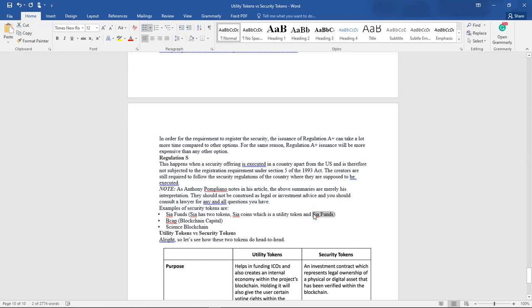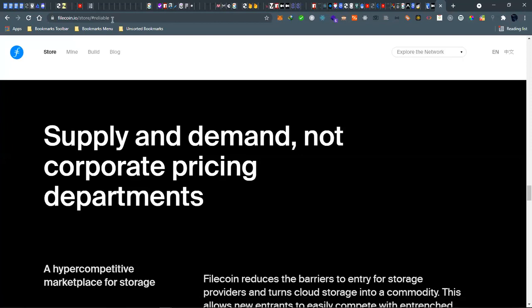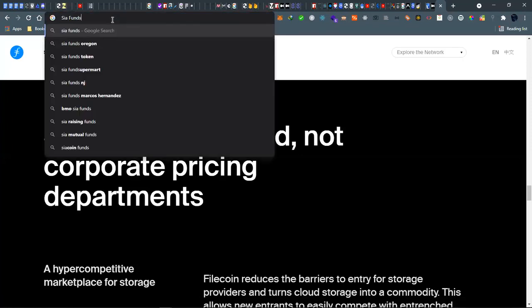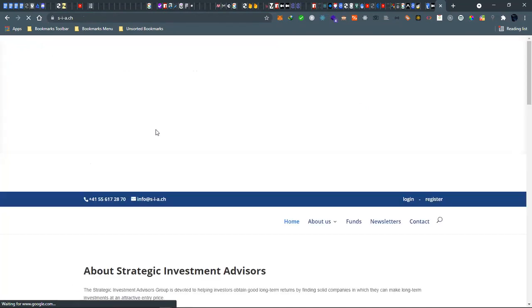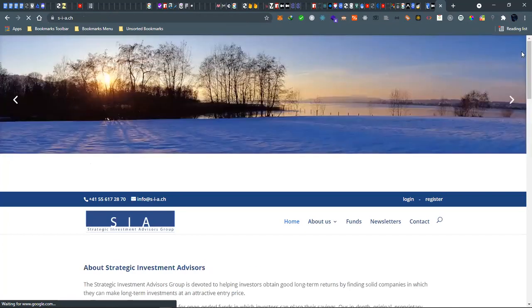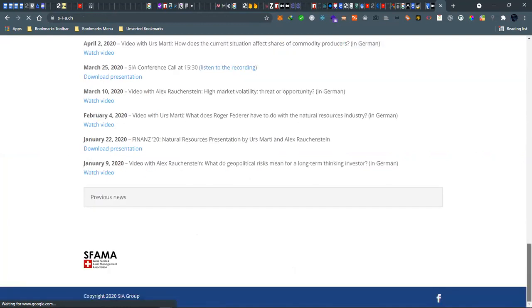Then we also have another one called Polymath, which is a security token. This one is an authorized asset manager of collective investments. As you can see, they are regulated by the Swiss FINMA. This is their website.